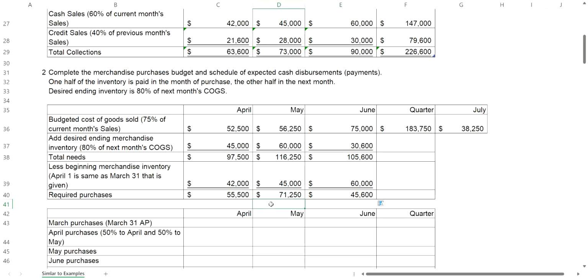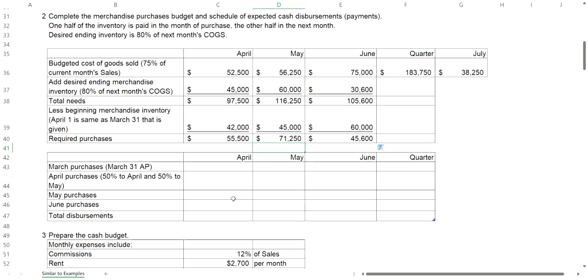Now, as far as cash payments for it, remember it said that one half is paid for in the current month, the other half is paid for in the next month. Okay, so in April, April purchases were 55,500.